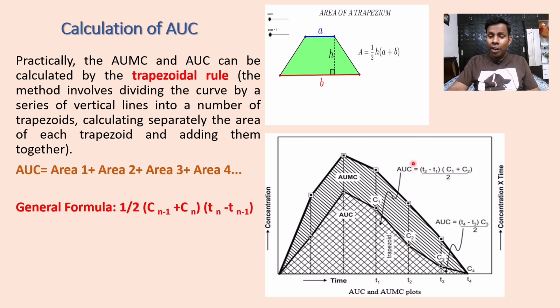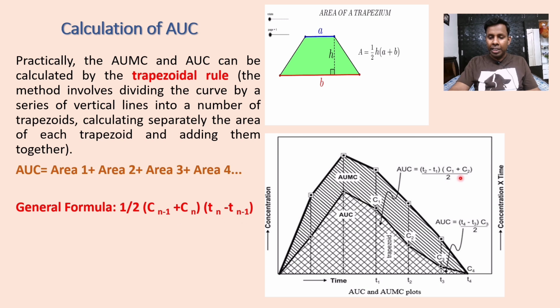So, the area of this particular trapezoid can be measured by this formula: T2 minus T1, the height of this side, into C1, this length, plus C2, this length. So, the generalized formula is half of Cn minus 1 plus Cn into Tn minus Tn minus 1.